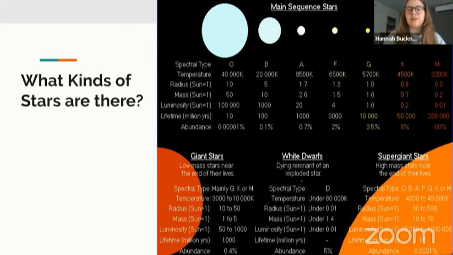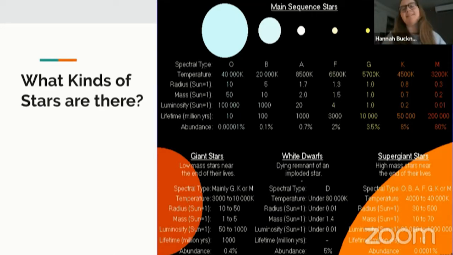They are still slightly greater in mass and radius than our sun. Again, radius is the size of the star. They are 4 times brighter than our sun, and they can live to be 300 million years old, and they're only about 2% of the universe. So for every 100 stars, there are 2 F-type stars.